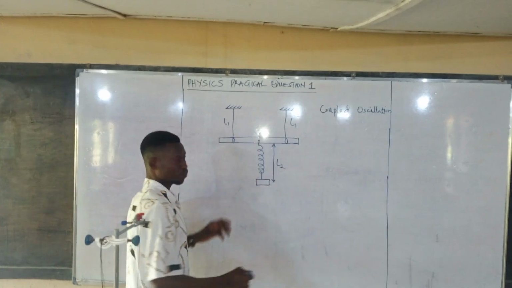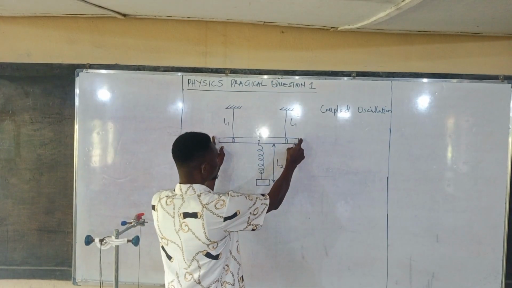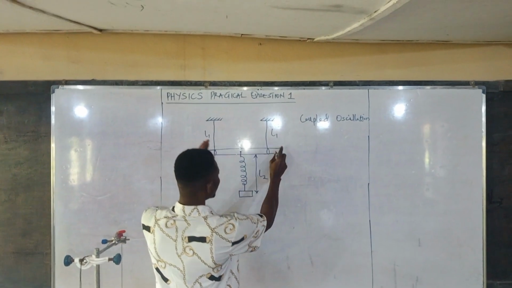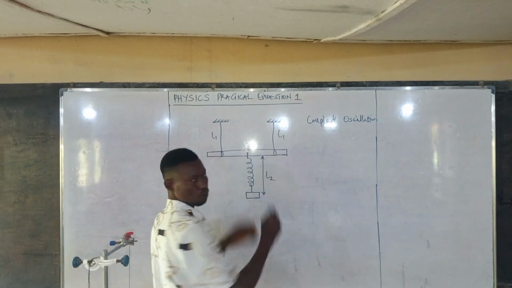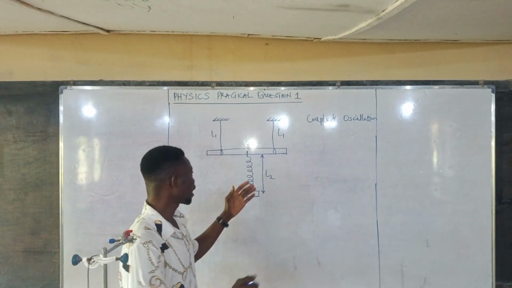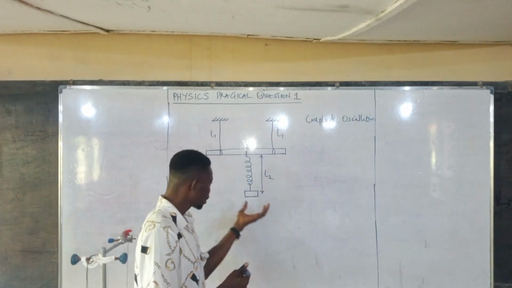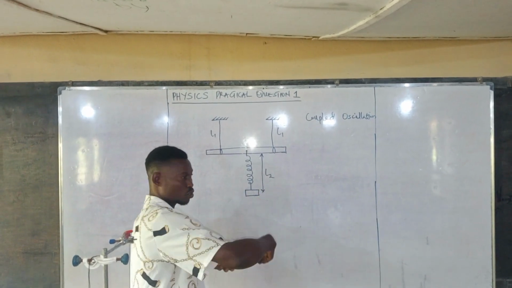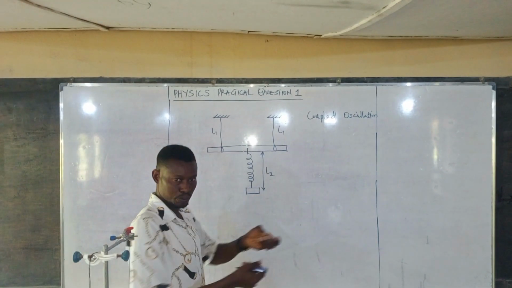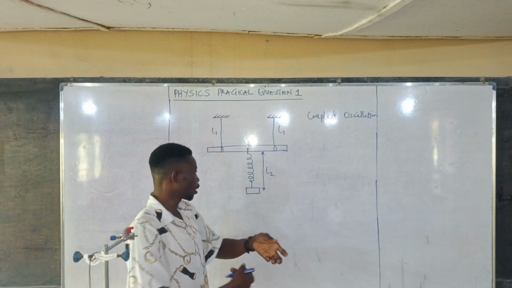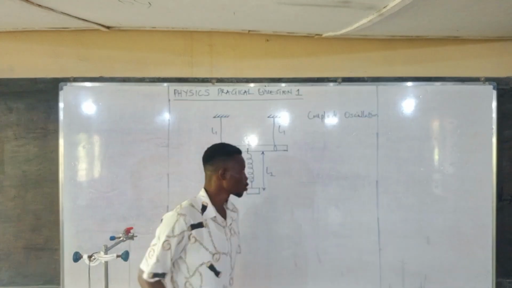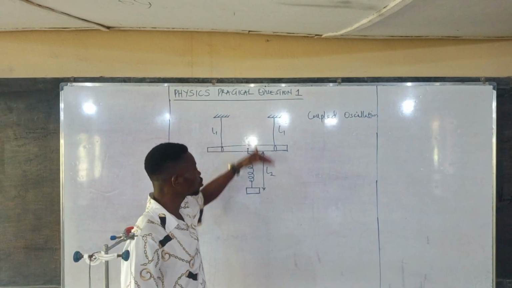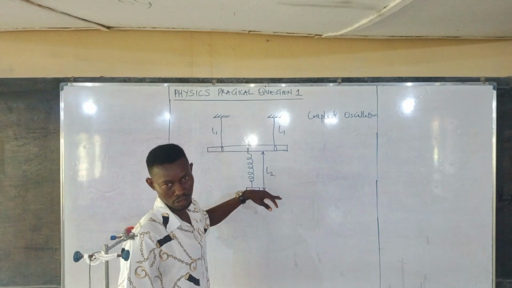So in this case, if the meter rule, which is a horizontal bar, is displaced at both ends in opposite directions and allowed to perform oscillations, that will also happen to the spring. There's going to be a torsional effect. The spring will be turning back and forth. So this forms a system of 2 torsional pendulums.